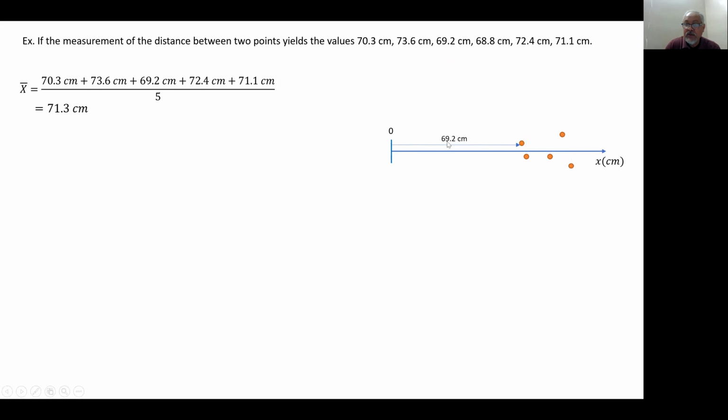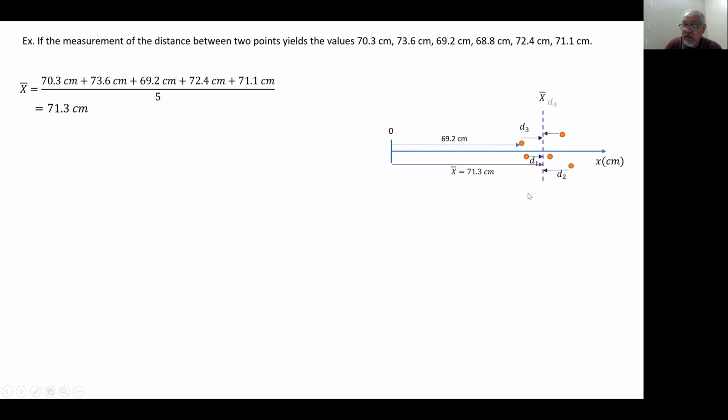For example, 69.2 is this one right here, and we have the rest, more or less, to have an idea. Remember, what we found is the average, 71.3. Perfect.